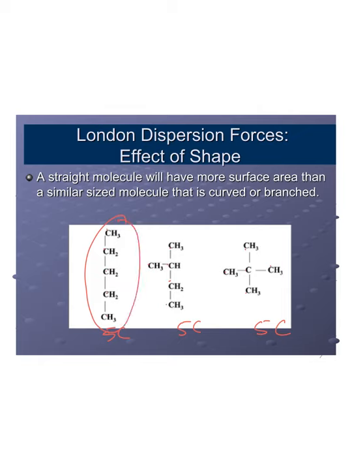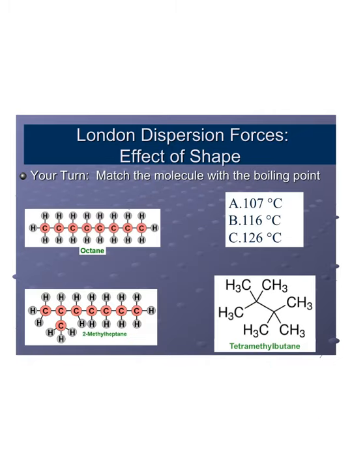This one is long and skinny, so it would have the greater surface area, right? So it would have greater London dispersion forces between different molecules of that molecule. They would be held together with a little bit more force than this one, and then this would be the least. The short fat molecule will have the least London dispersion force.